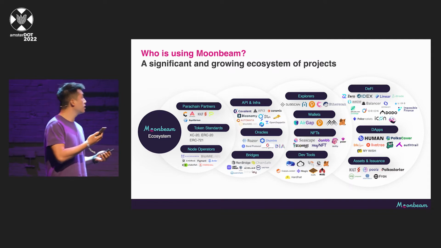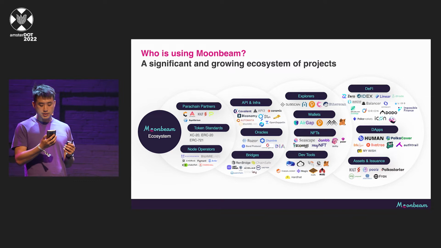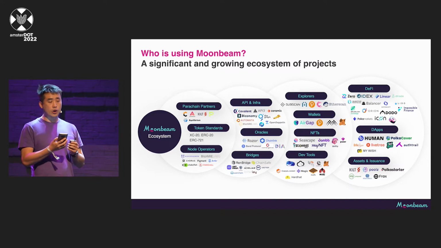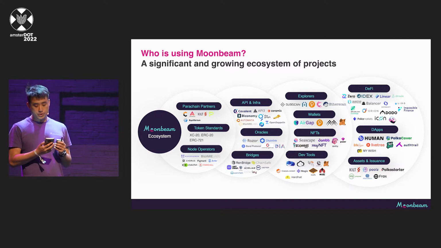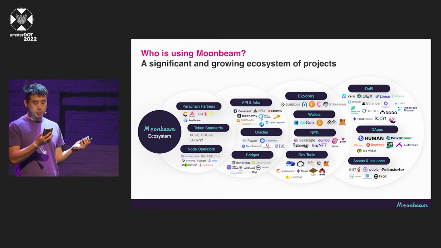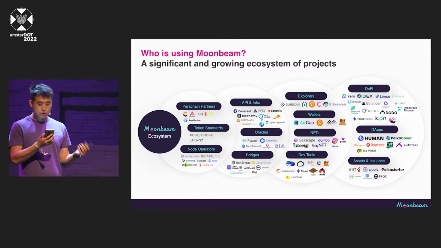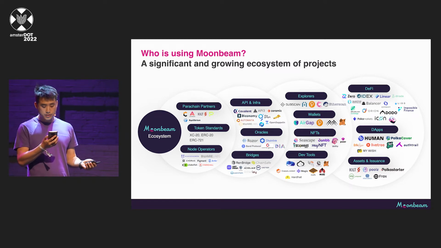As you can see, we already have over 80 DApps and protocols launched on Moonriver and on Moonbeam, and they're all across a wide range of categories. Some of these are very well-known projects from Ethereum, such as Curve, Lido, SushiSwap, Chainlink, and so on.